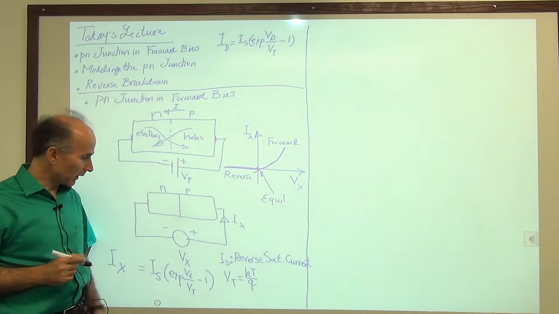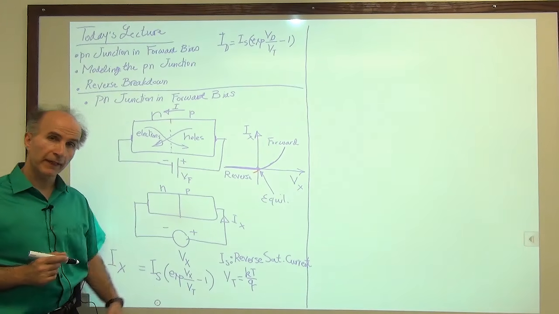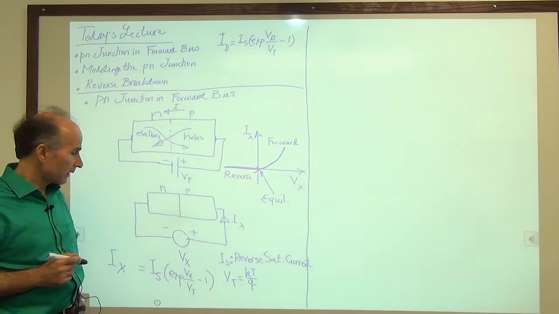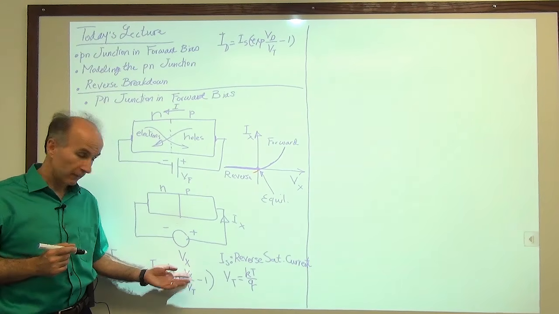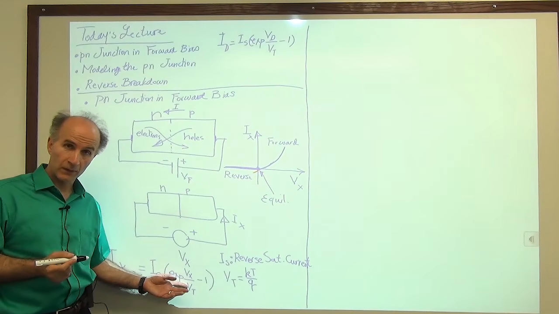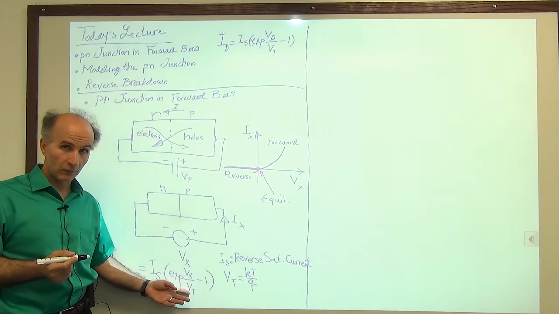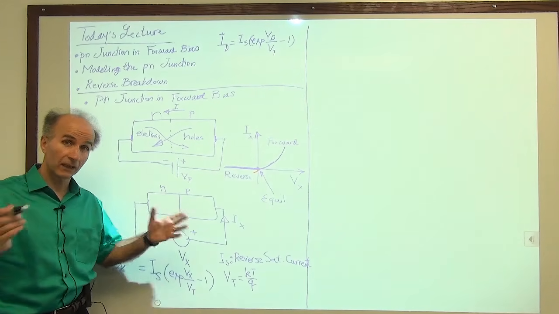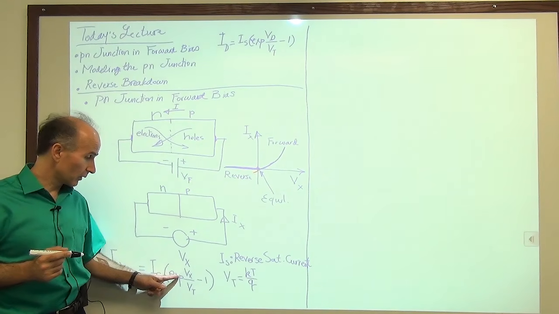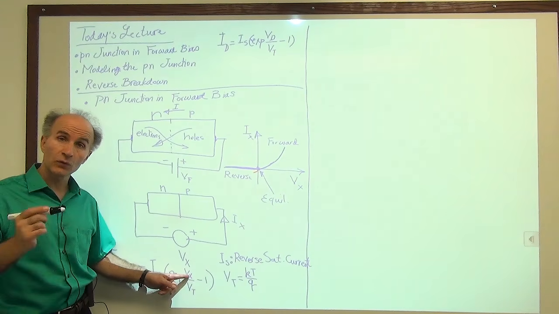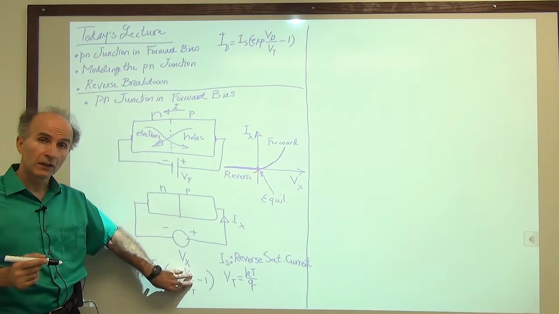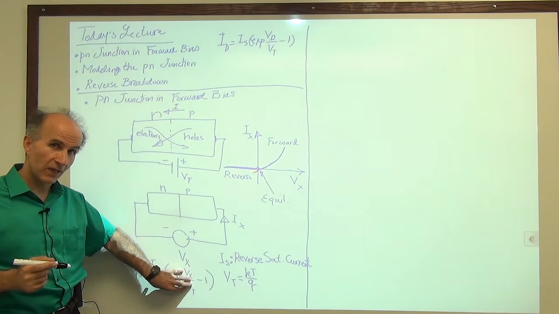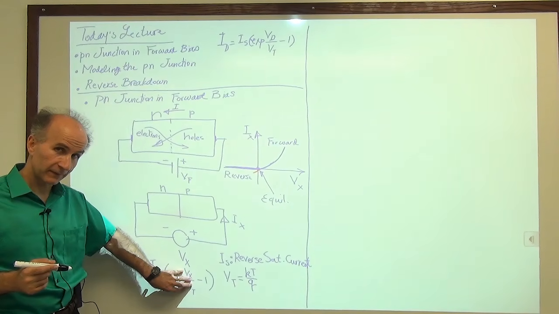All right. Now, if Vx becomes more and more negative, what happens? So let's say Vx is minus 2 volts. Vt is only 26 millivolts. Minus 2 volts over 26 millivolts is a very large and negative number. An exponential of a very large negative number is close to 0. So this term very quickly approaches 0 as Vx becomes more and more negative.